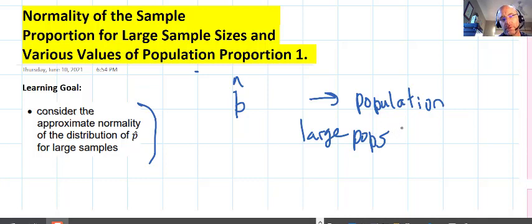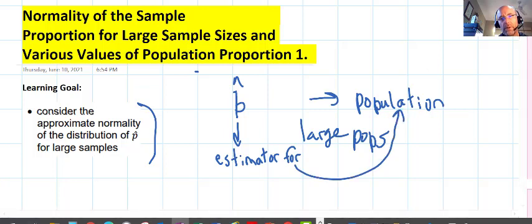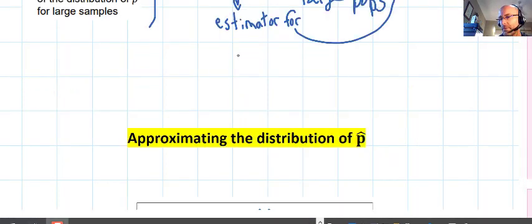We don't have enough resources. And so things like p hat, the sample proportion, become an estimator for the population.